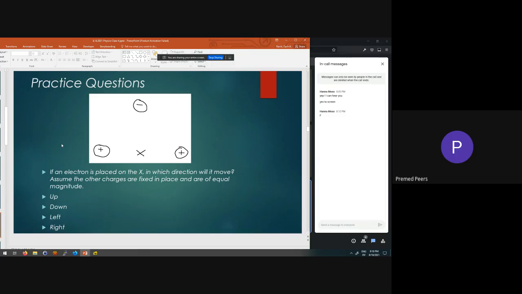Here's a question with that. Pardon my paint drawing here, but I'm trying to explain what's happening. I have these three charges, the plus, the plus, and the minus. At the X, I'm going to place an electron. And somehow we're holding these three in place with the triangle. If I place the electron here, which direction will it move?